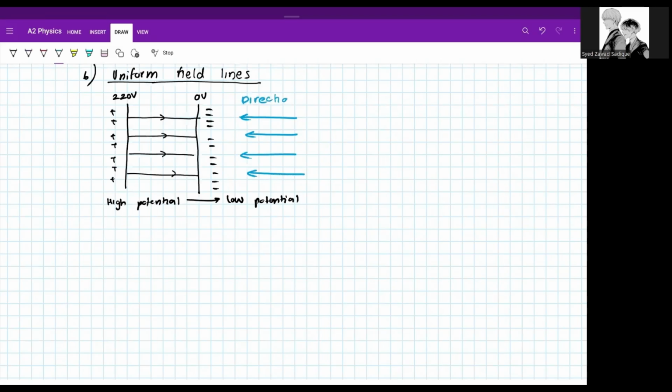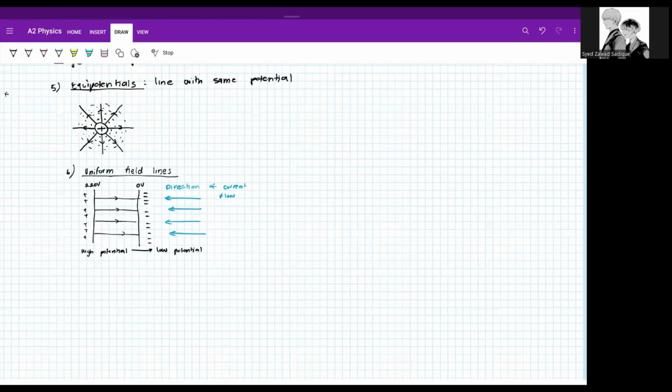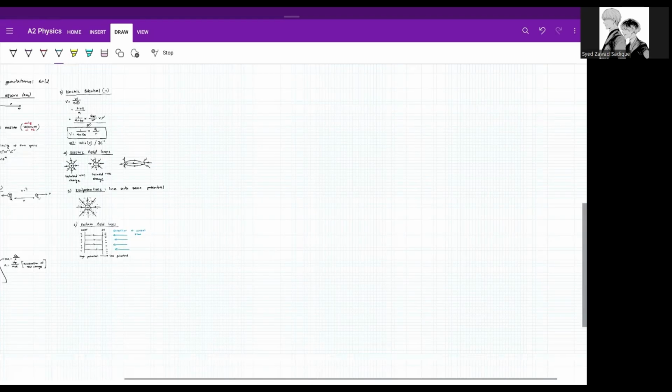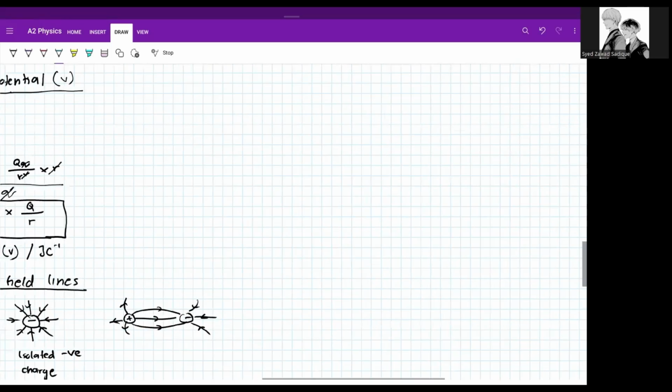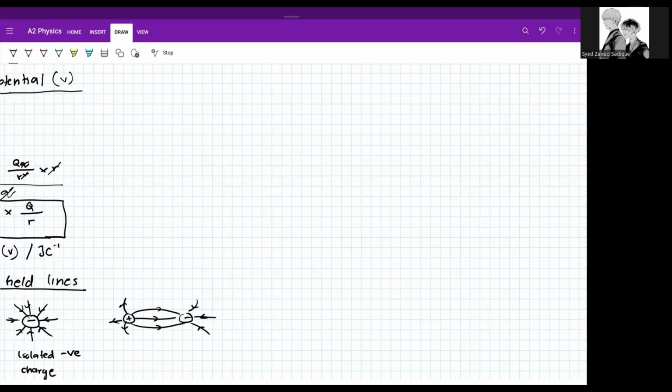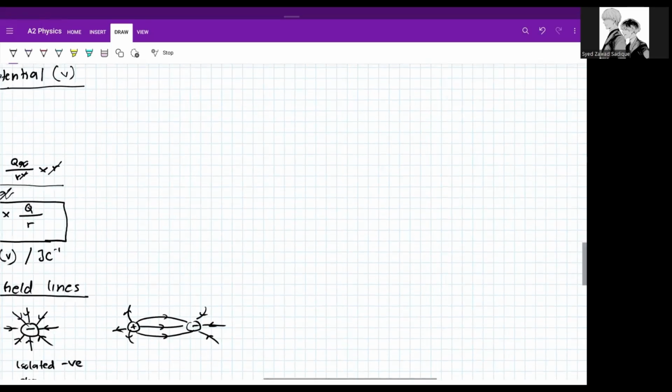Direction of current flow. Right. Okay, now we have a few graphs to work with. These graphs are very important, and you have to understand their concepts. I will glimpse over them, but make sure you read up on them in your book or watch a further YouTube video to enhance your concept.